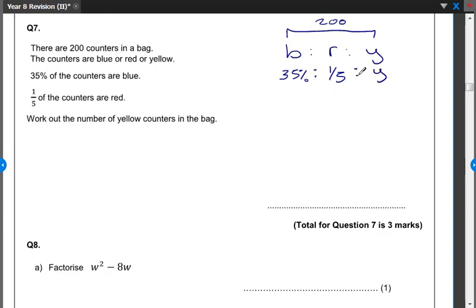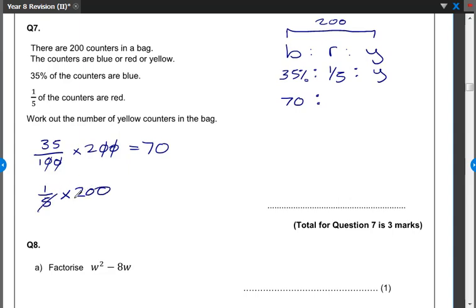Now, 35% of 200, so 35 over 100 times 200. 35 times 2 is 70. So we're going to have 70. Okay, 1/5 of 200. 1/5 times 200.